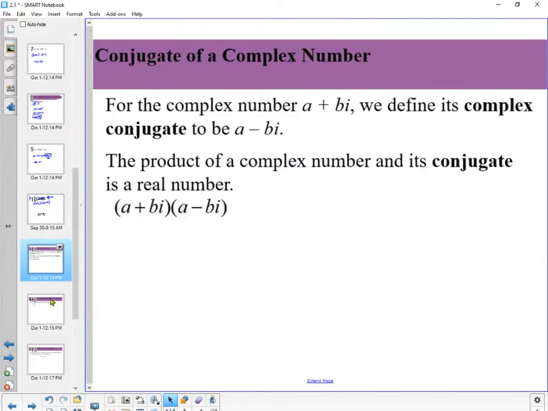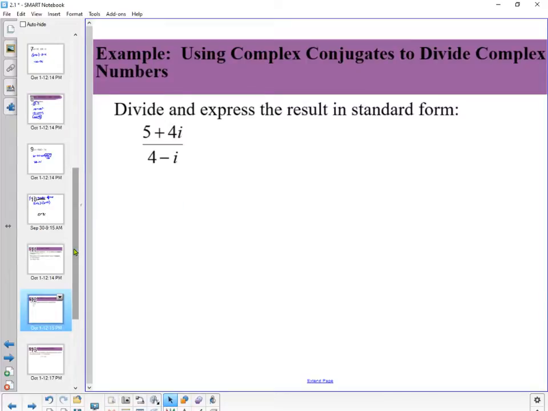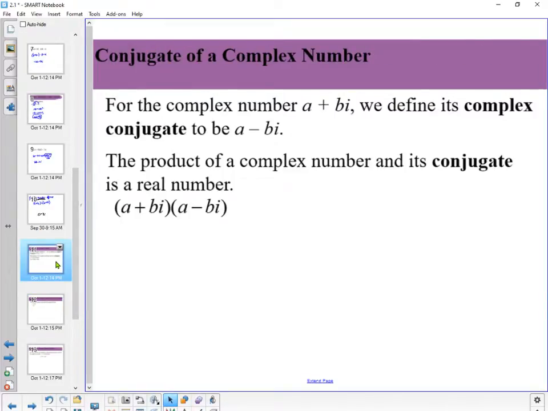Here's the beauty. Remember the conjugates rule? When you multiply something by its conjugate, like let's say x plus 4, what's the conjugate of this guy? x minus 4. When I do this, what happens to the two middle terms? They cancel out.